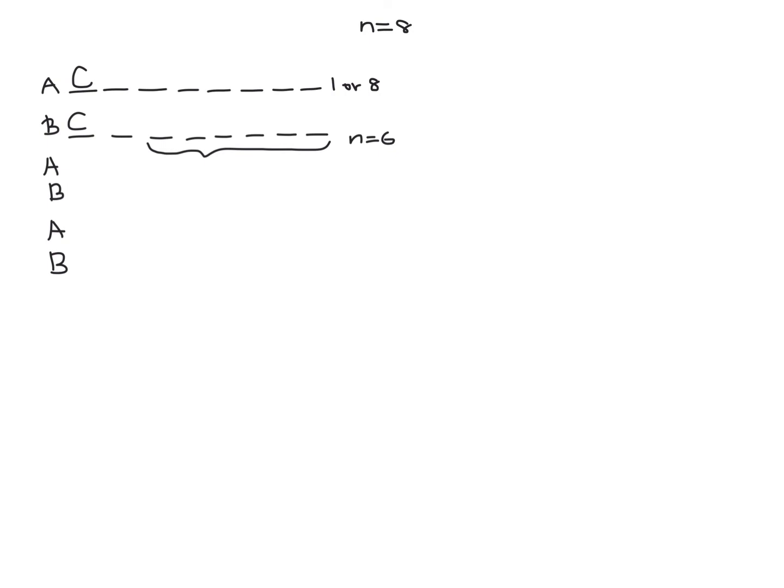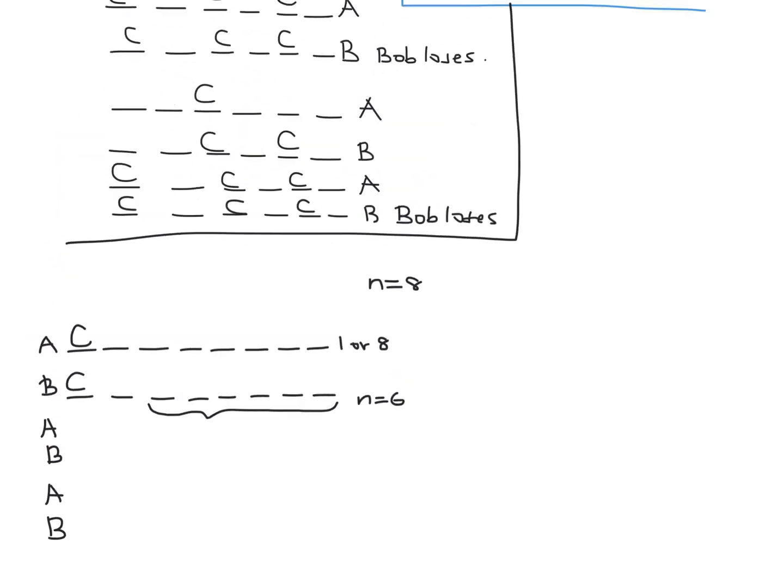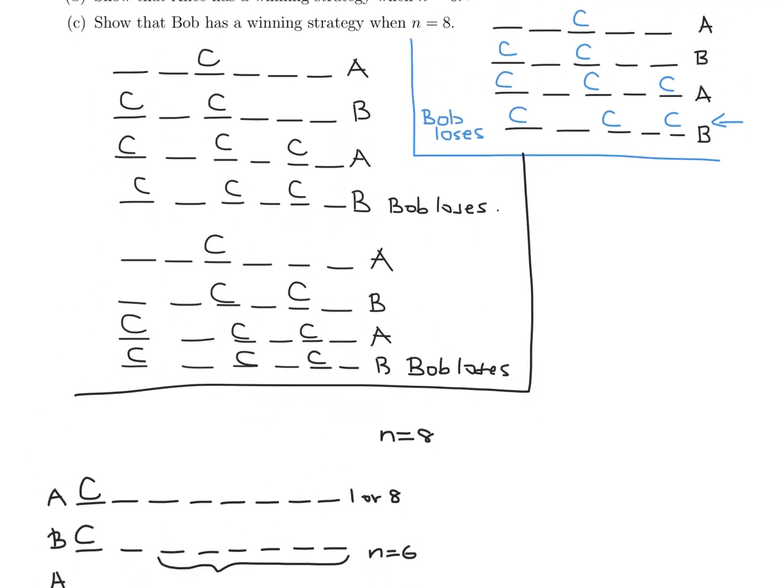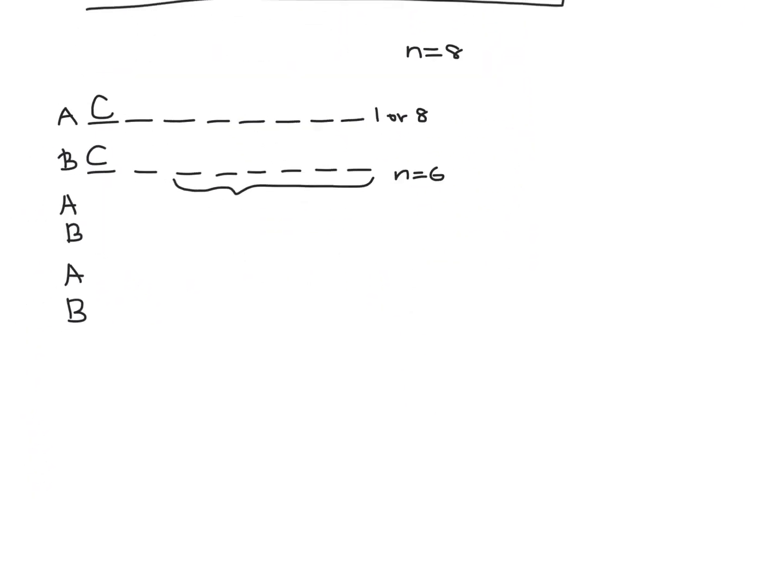And just like how we did before, it becomes essentially just this n equals 6 scenario. And if you follow the same strategy, you can make Bob win. The reason is because Alice always goes first, right?